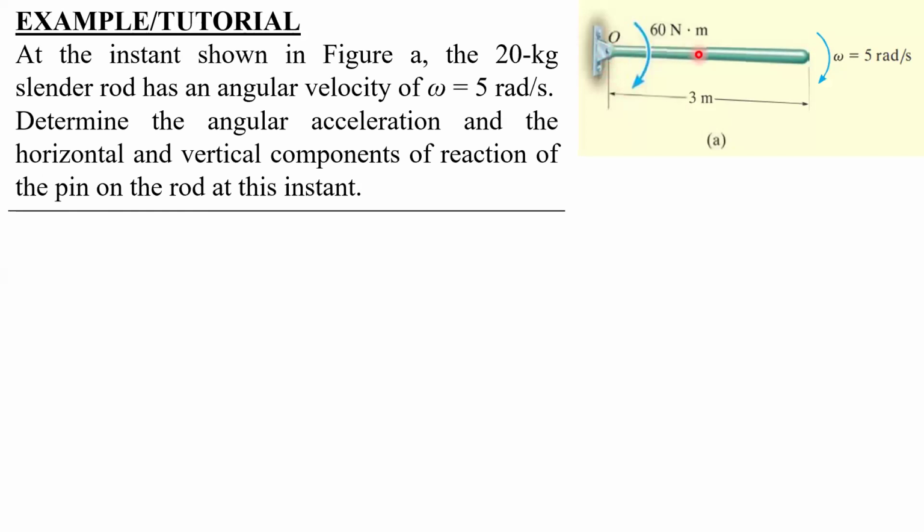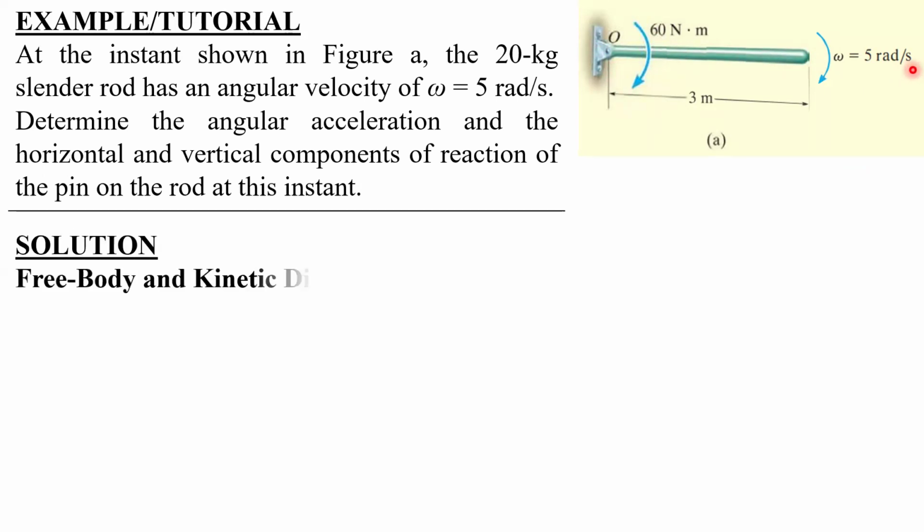The rod is straight in the x direction, then rotates clockwise, coming down. The angular velocity is 5 radians per second, and we are asked to determine the angular acceleration.